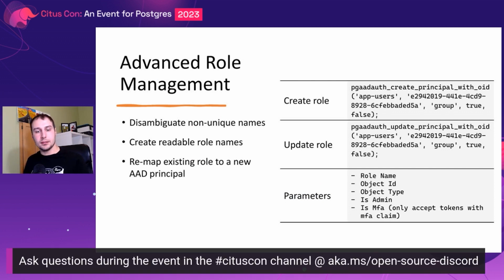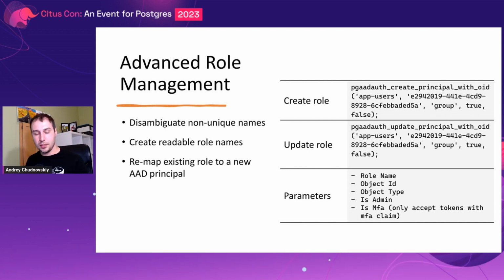What we've looked at so far was when we created the roles in PostgreSQL where names matched the Azure Active Directory principal names, which is an easy way to go, but it's not always enough. For example, when the names of groups or applications are not unique in the tenant, Flexible Server would not know how to disambiguate between them.